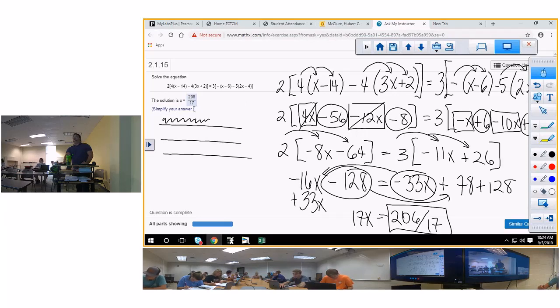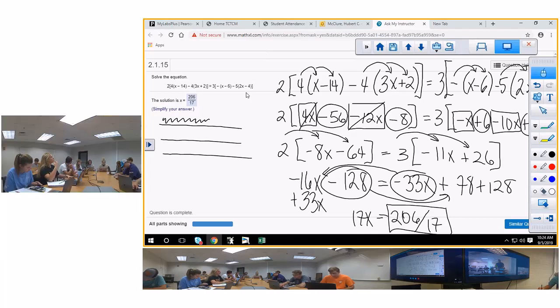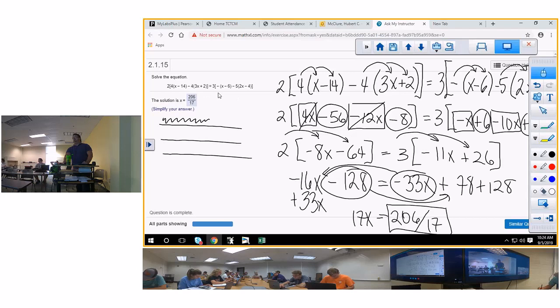Simplify means a reduced fraction. Now, a lot of you are saying, well, Hubert, why didn't you write a mixed number? Mixed numbers are only used with units of measurement. And there are no units in the problem, so I'm not going to use a mixed number. What if I had a decimal in the problem? If I had a decimal in the problem, then the general rule of mathematics says if you start with something, you end with something.